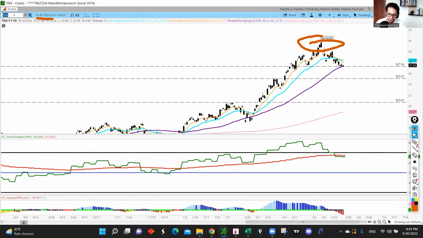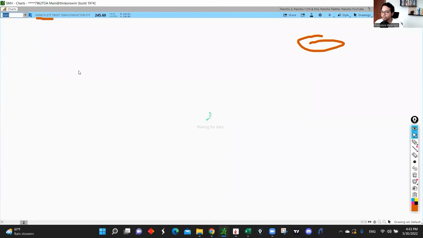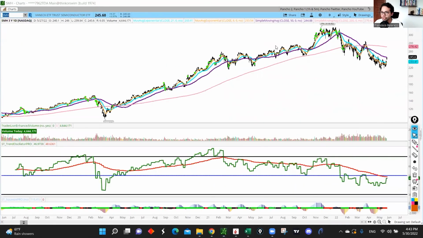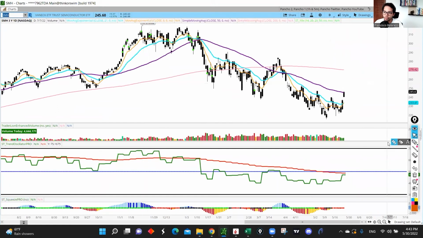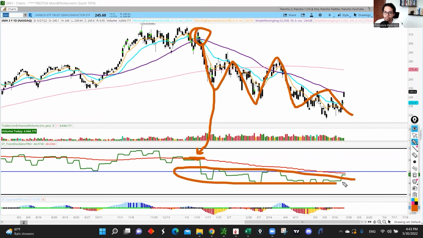So let's take a look at the semiconductor chart, because I think that's an interesting chart as well. And you can see right here, right, that we have been trending to the downside, right? We have a confirmed trend to the downside right here on this day that we actually got rejected at that red line right here, which was somewhere around here. And then of course this has been trending lower, and the trend oscillator was trending lower as well.